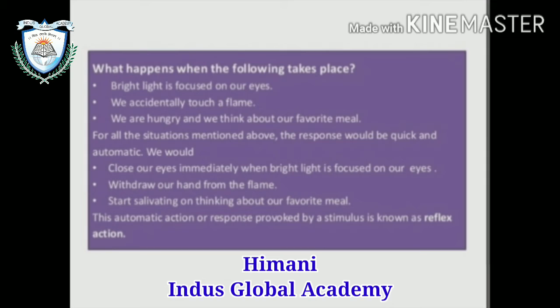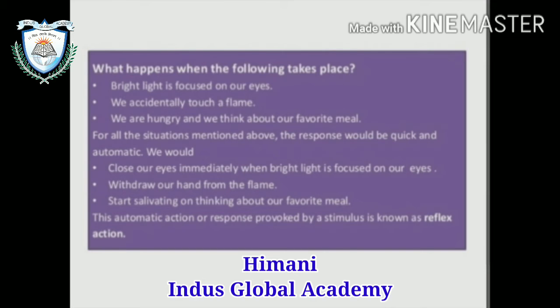We would close our eyes immediately when bright light is focused on them, draw our hand from the flame, and start salivating on thinking about our favorite meal. This automatic action or response provoked by a stimulus is known as a reflex action.